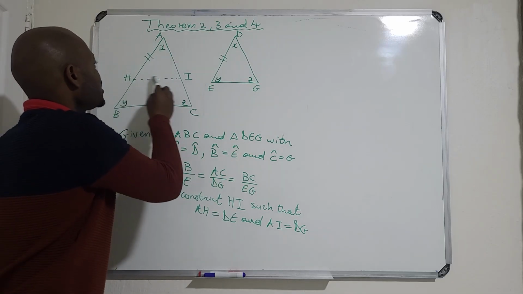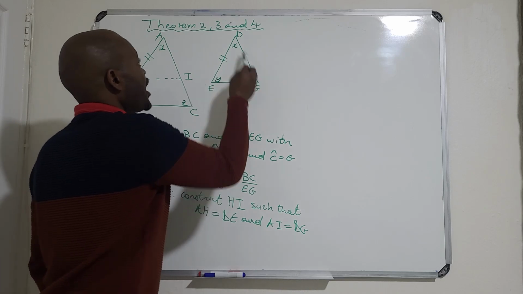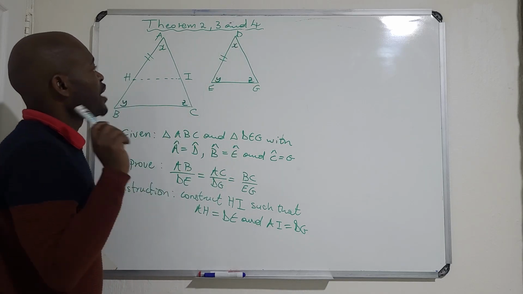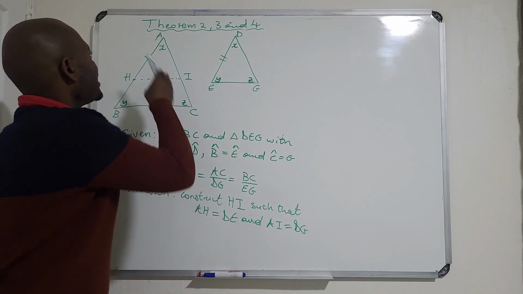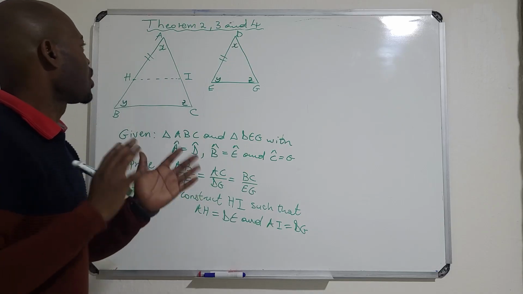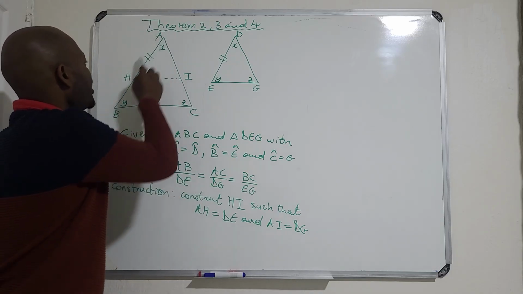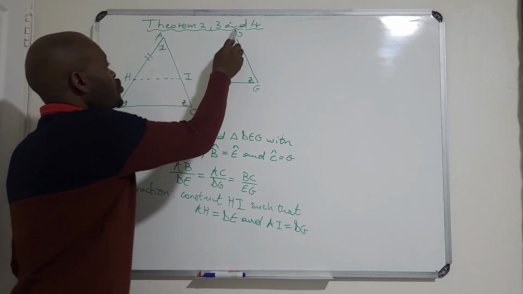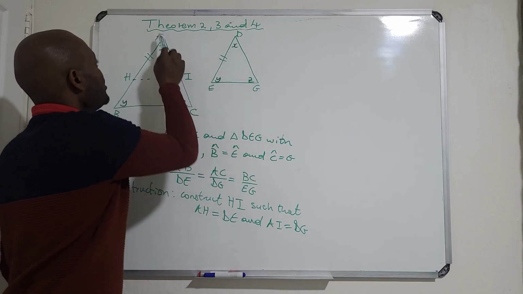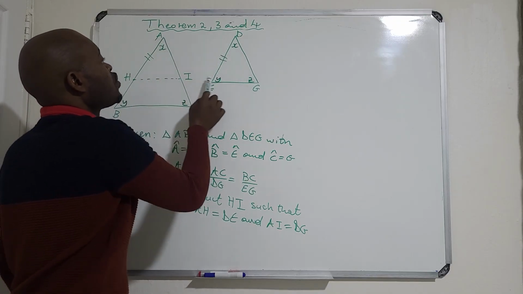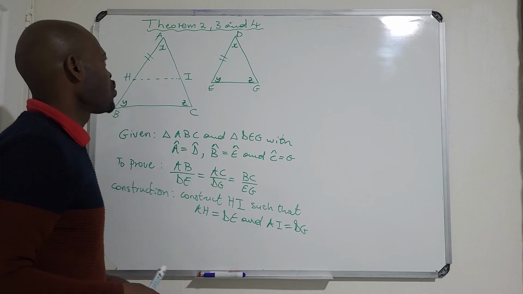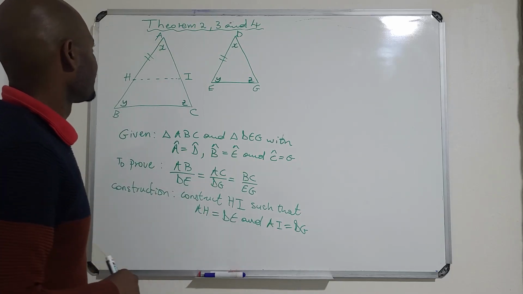Once we prove that this triangle and this triangle are congruent, and by congruent we know that they are equal, we just think of equal. When this triangle is congruent to this triangle, it means that this triangle is equal to this triangle. It's exactly equal. They are the same.